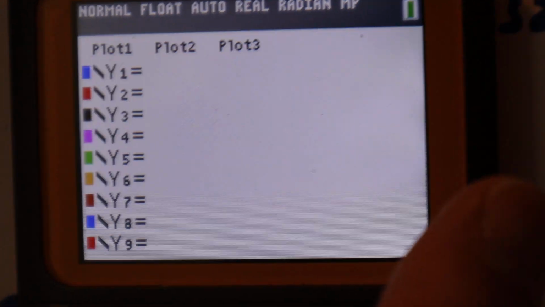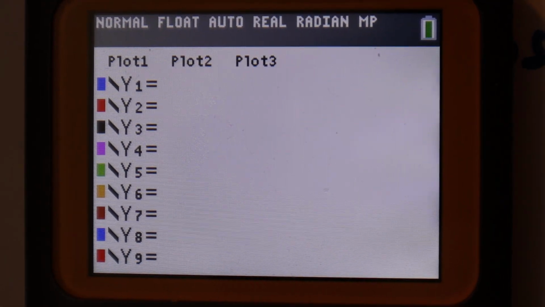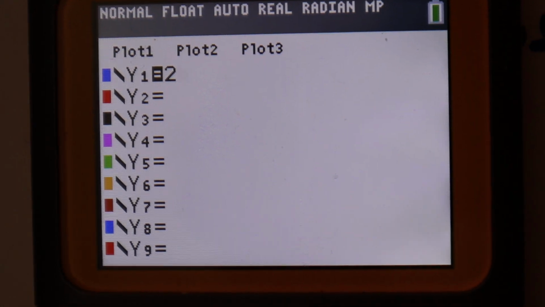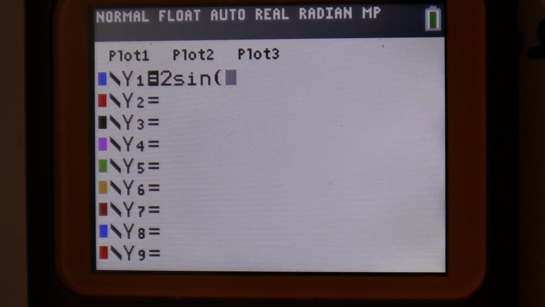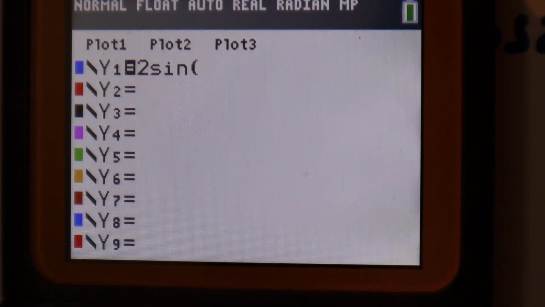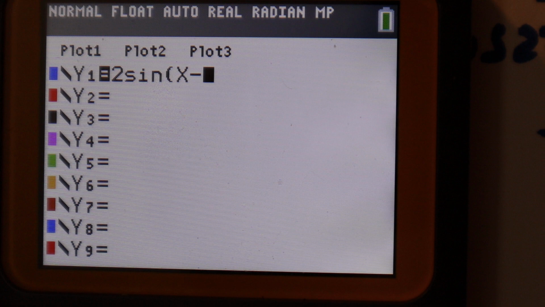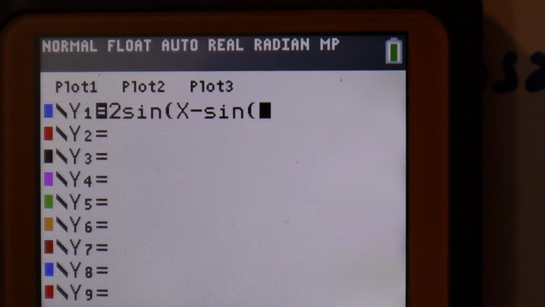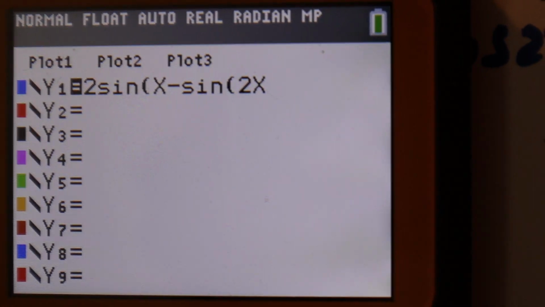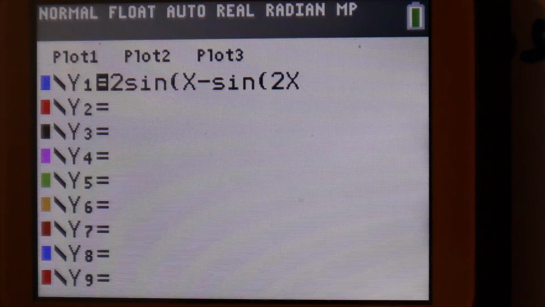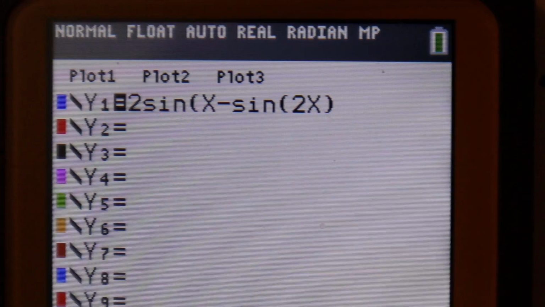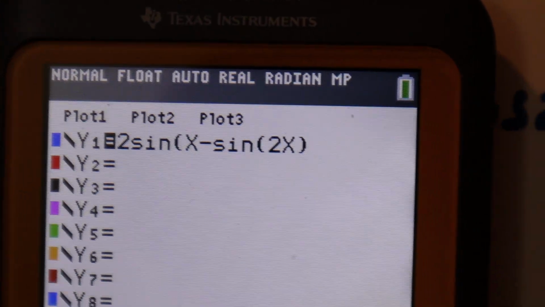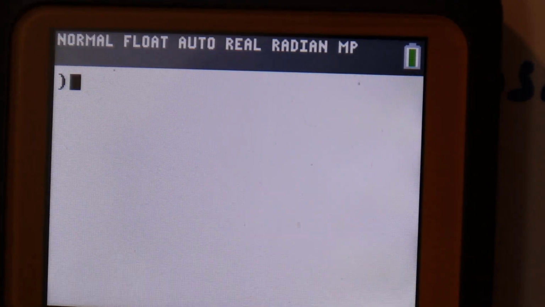Press Y again, and then type the function that you want to integrate, which is 2 sine x minus sine 2x, close parentheses. Do we forget something here? Don't forget, because even I forgot to insert parentheses.